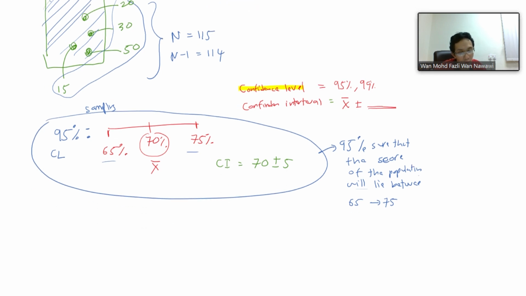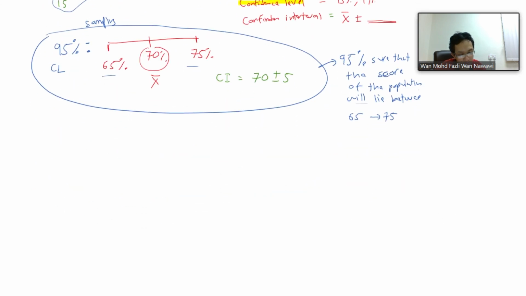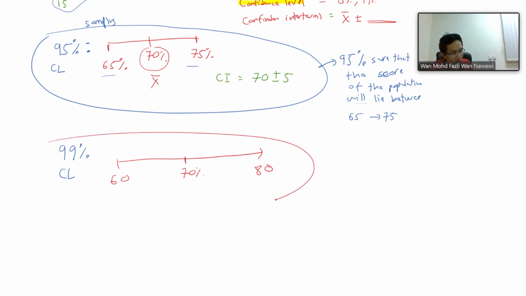Normally when you increase the confidence level, for example you have a 99% confidence level, this interval is also increased. For example, your mean is 70, so this is 90, normally, and this is 80. So you can see the higher your confidence level, the bigger your confidence interval, and that is intuitive.